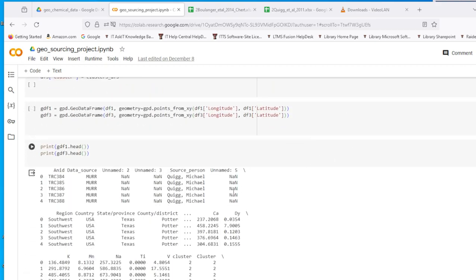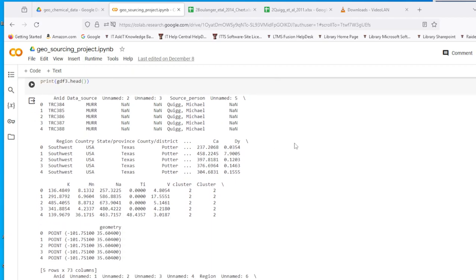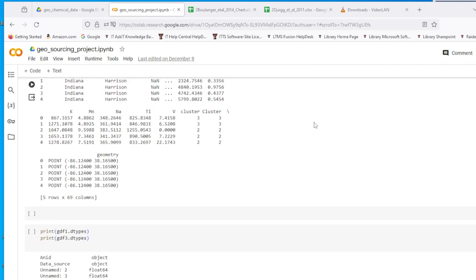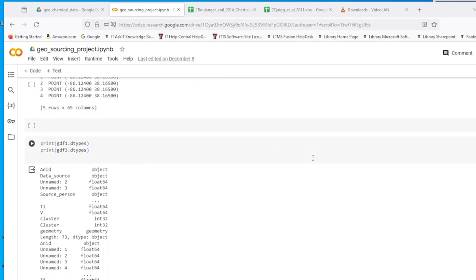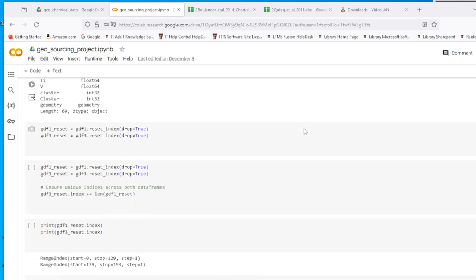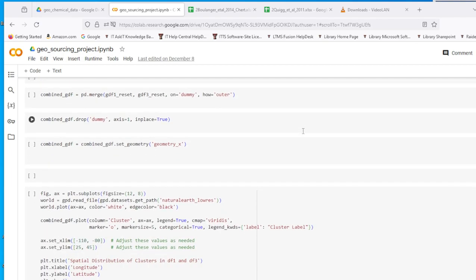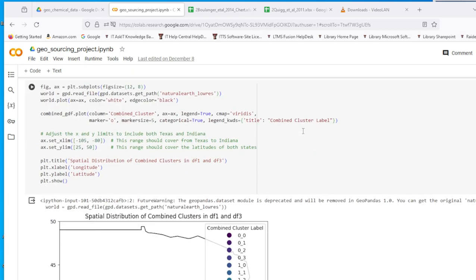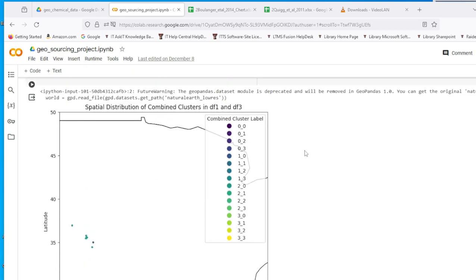Here's an attempt of trying to look at the geospatial data and figure out what we needed to tweak in order for this to display.